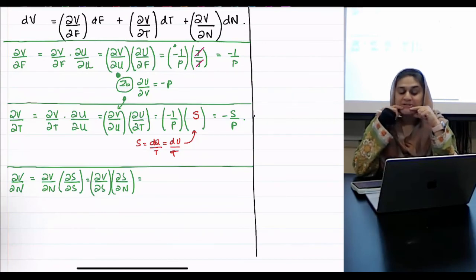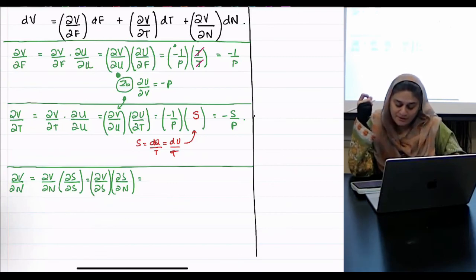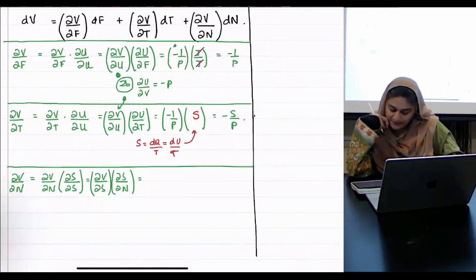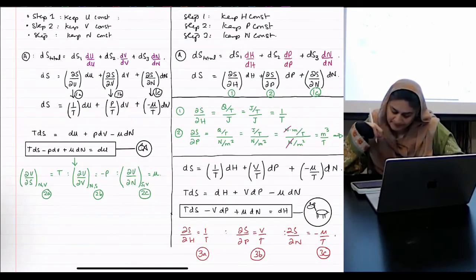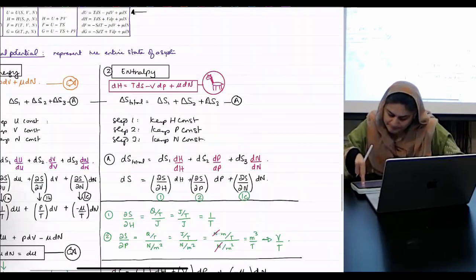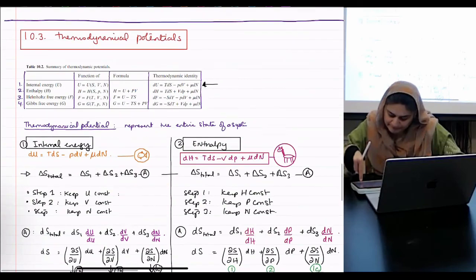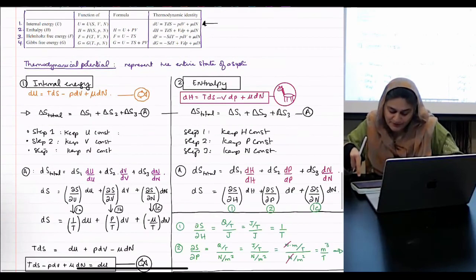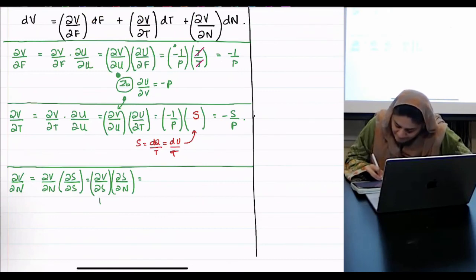Is there an equation or two that can help me here? Okay. Going back to my equations, what am I looking for? Partial V over partial S. It'd be T over P. T over P. What equation was that? 1B. This was 1B.